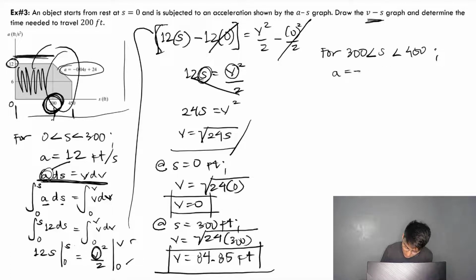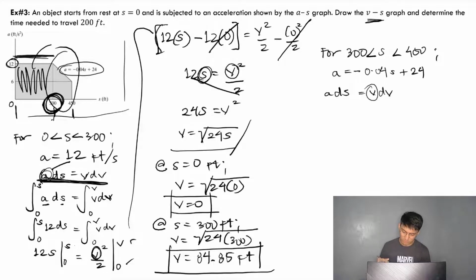Acceleration is equal to negative 0.04S plus 24. Ang given sa atin is acceleration, but we are solving for the velocity. So, using again this equation, A ds is equal to V dv, we integrate both sides ulit.